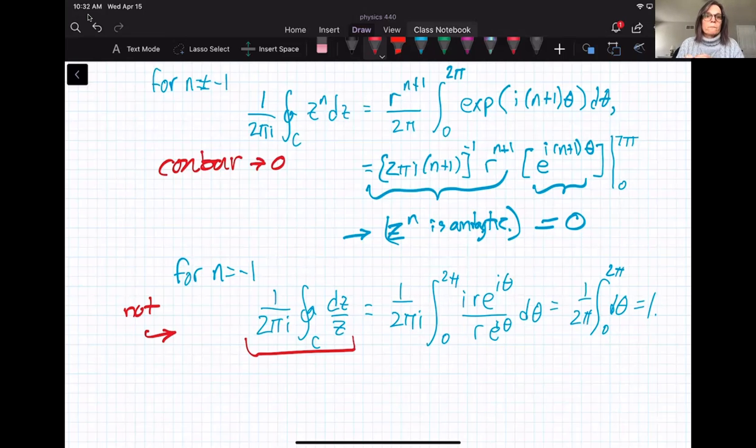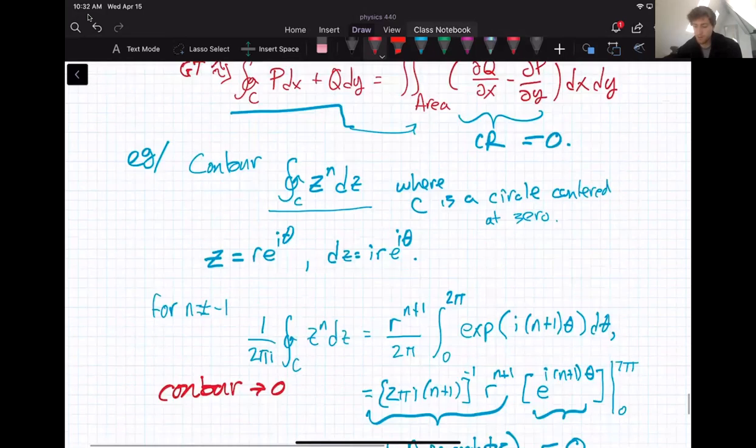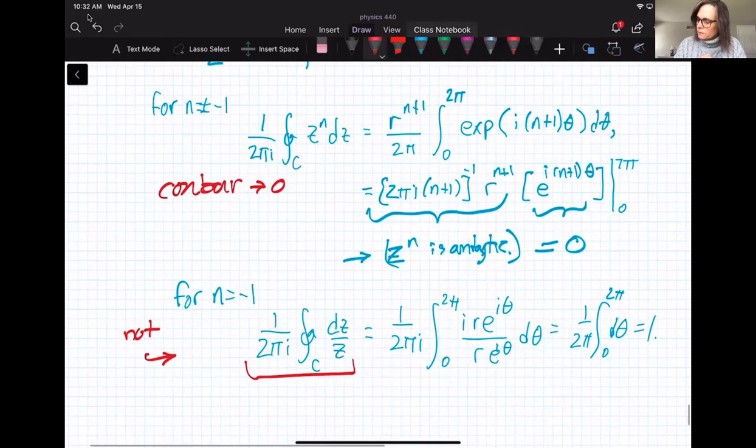Yep, thank you. I have a question too. Sure. The 1 over 2 pi i in front of the integral, is that the circumference of the circle? Right, so that comes from, yes, because it's 2 pi.